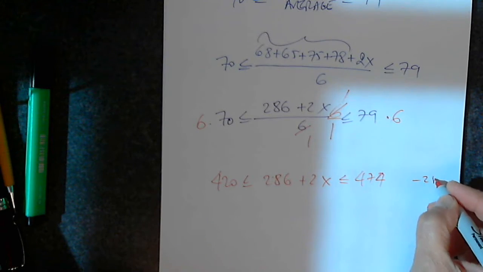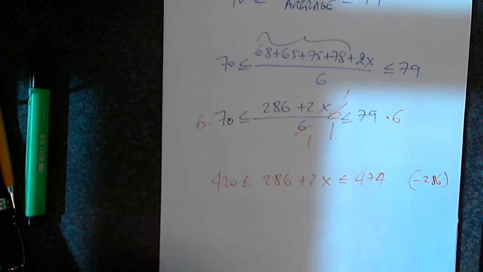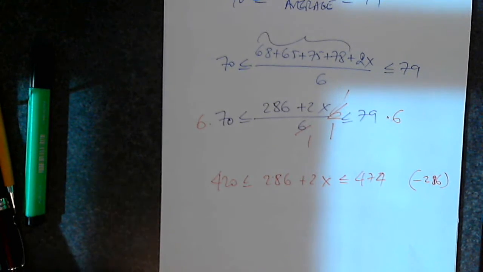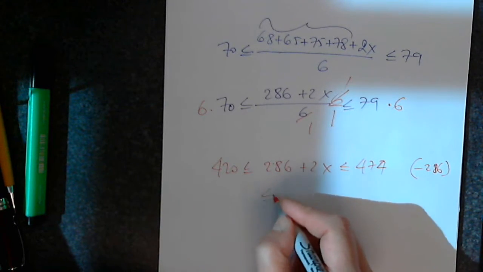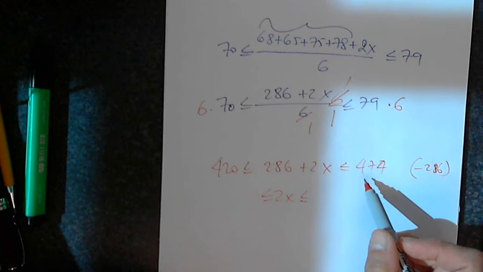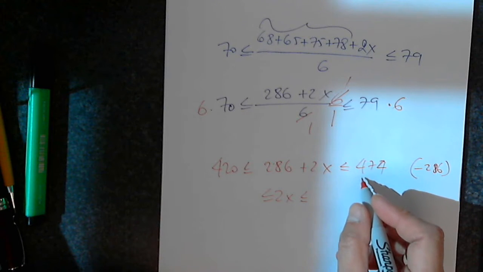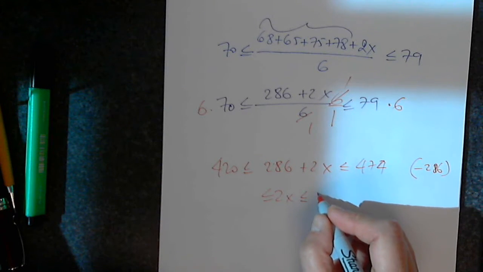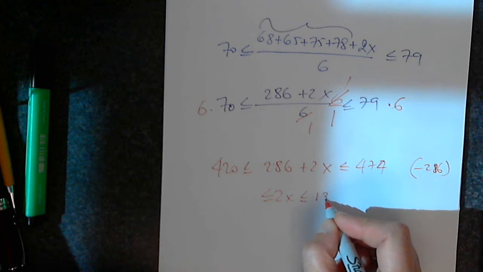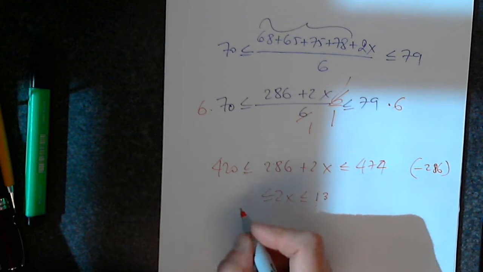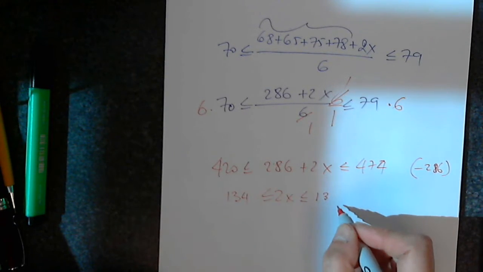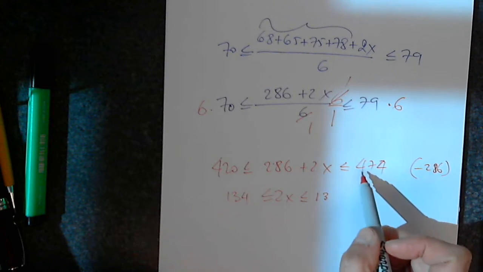Subtract first. Yes, it's not a mistake, but I recommend subtract 286 first. So, in the middle I have 2x. 286, I have, what is it, 130. 134. Oh, the left-hand side. Or I was looking at the right-hand side.